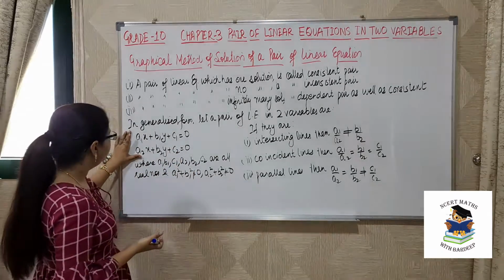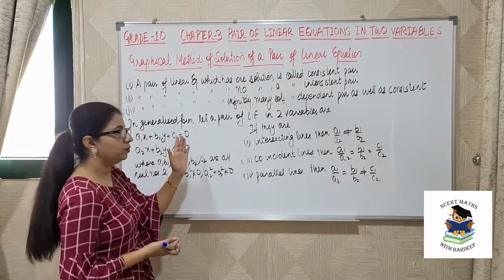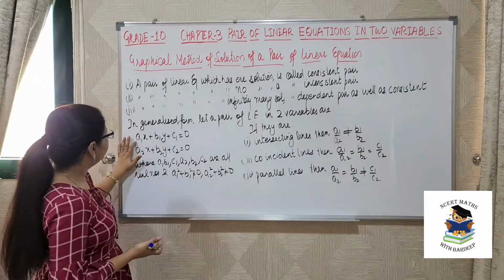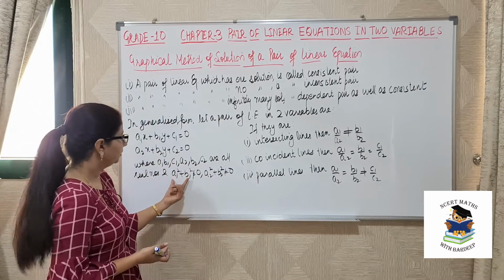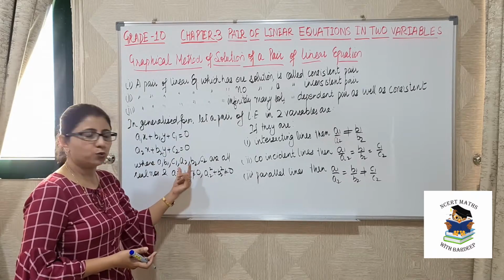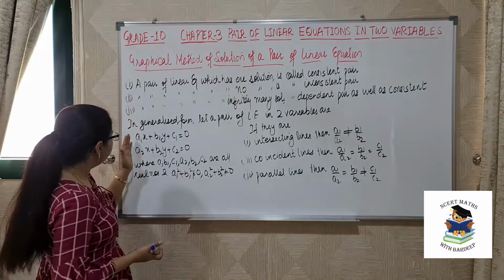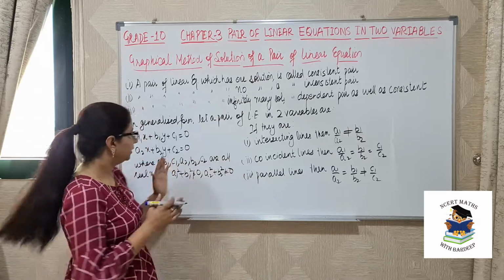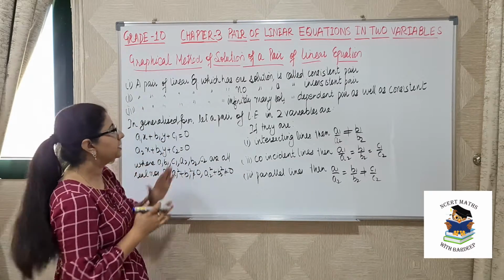As we already know, a1, b1, c1, a2, b2, c2 are all real numbers, and a1 square plus b1 square should not be equal to 0. Similarly, a2 square plus b2 square should not be equal to 0. That means we have a pair of linear equations in two variables.